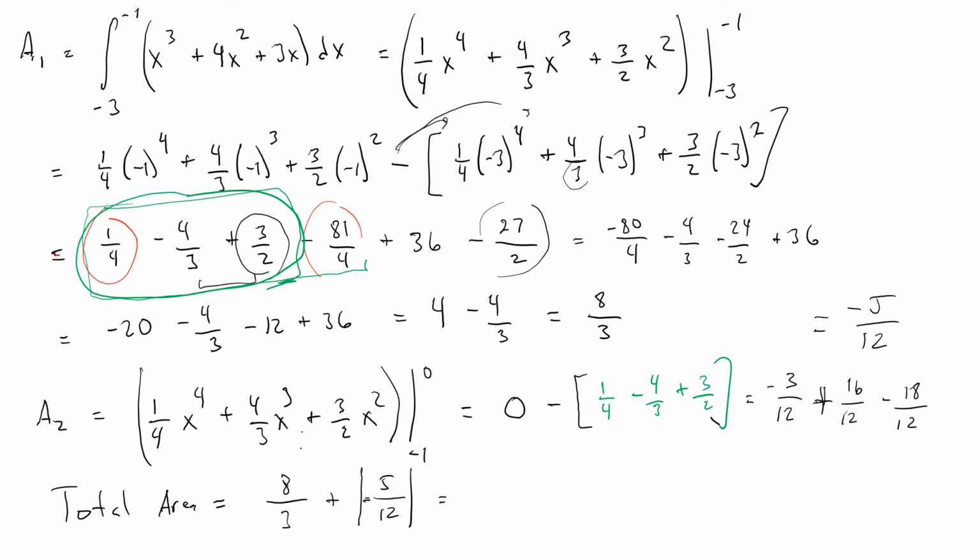Let's get a common denominator to add these two. 5/12 is good. For 8/3, I have to multiply 3 by 4 to make it 12, so I have to multiply the 8 by 4, which would be 32. And so it looks like the answer is 37/12. 37/12 is the total area between that function and the x-axis.